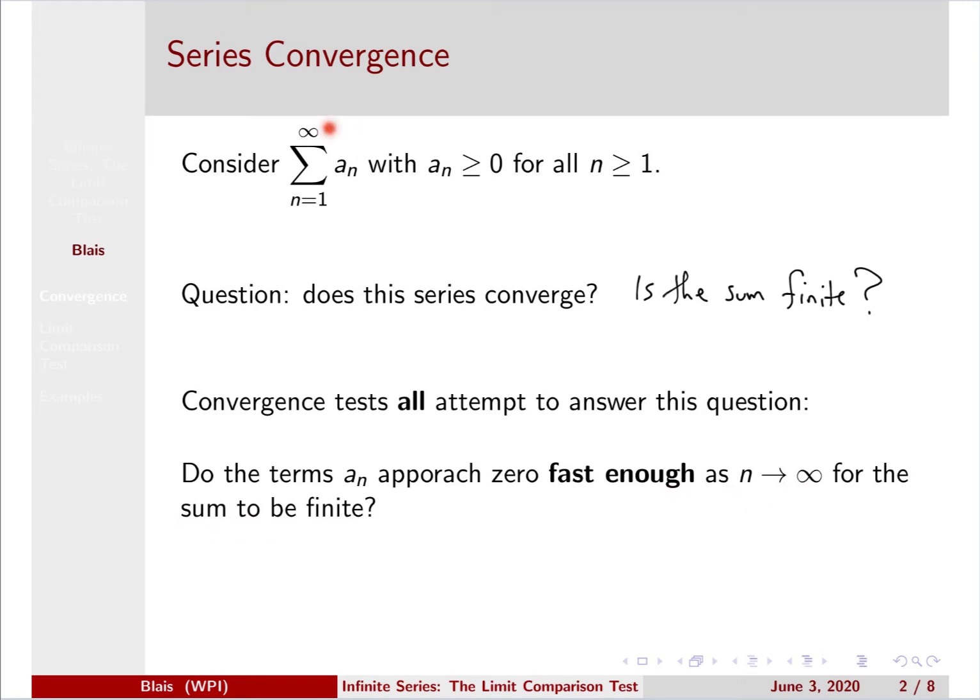So for this sum to be finite, as you march down the line of terms, these a sub n's need to be approaching 0 at a fast enough rate. Approaching 0 is not enough. You need to have them approaching 0, but you need them to be going fast enough.